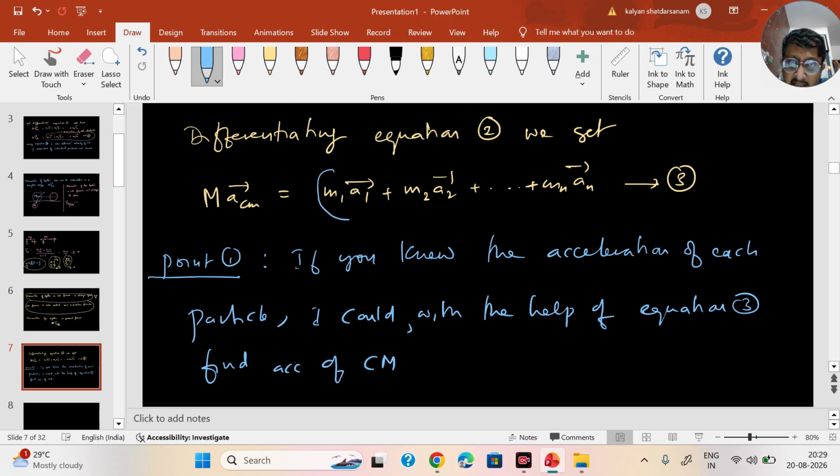What is M1A1? If you look at it from Newton's second law perspective, this should be equal to the net force acting on M1. So I can any day replace M1A1 with the net force acting on M1, because Newton's second law says net force on a particle is mass of the particle into acceleration of the particle in a certain inertial frame.